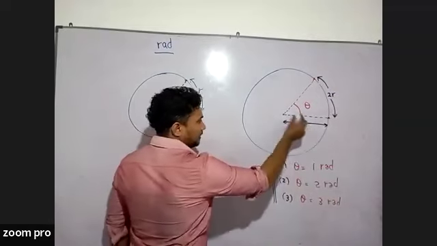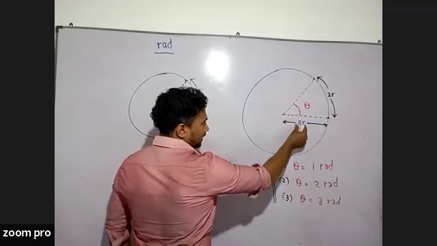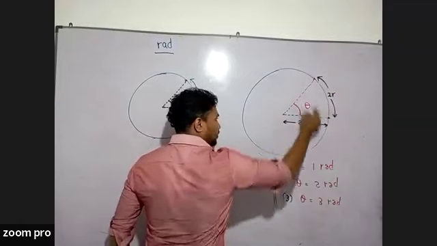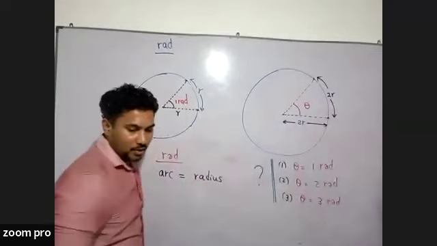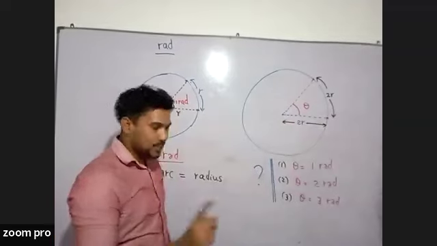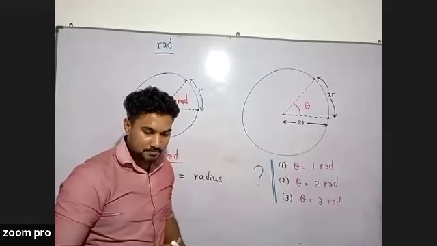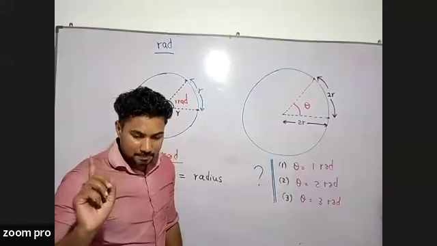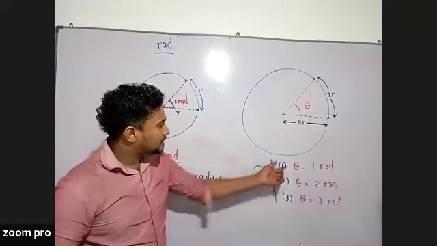Now I'm considering a circle with a radius of 2r, and the length of this arc is also equal to the radius. Then tell me what is the answer? What should be the value for theta? Hands up who answered the first one.